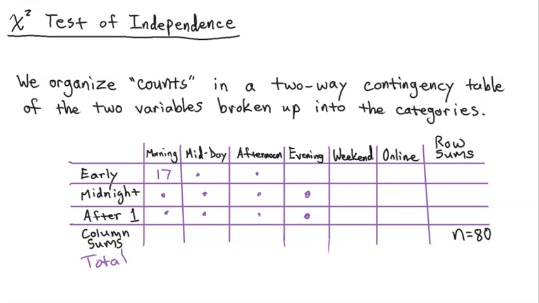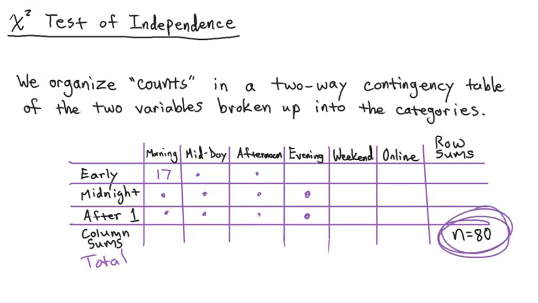Then we do the same thing horizontally. We sum up all these numbers and we put it right here. Then we sum up all these numbers and we put them right here. Then we add up all of the sums and put that number here. And whatever you see in the bottom corner here, that's our sample size.